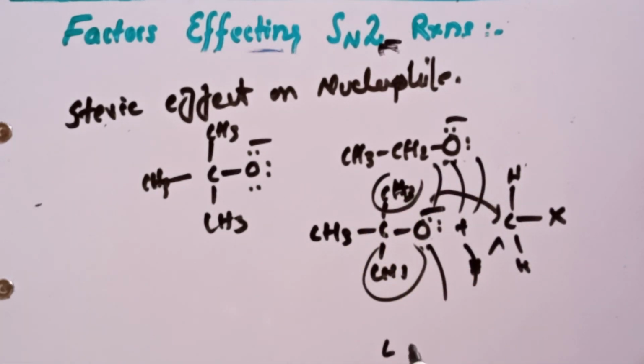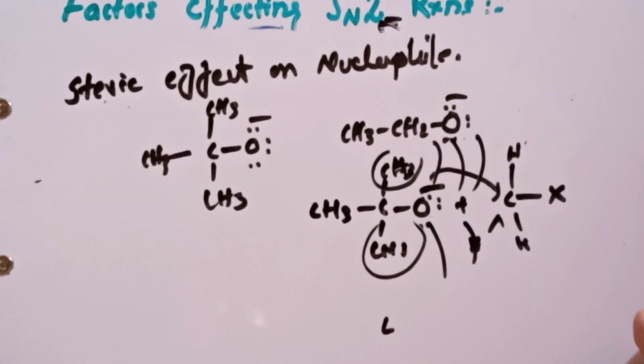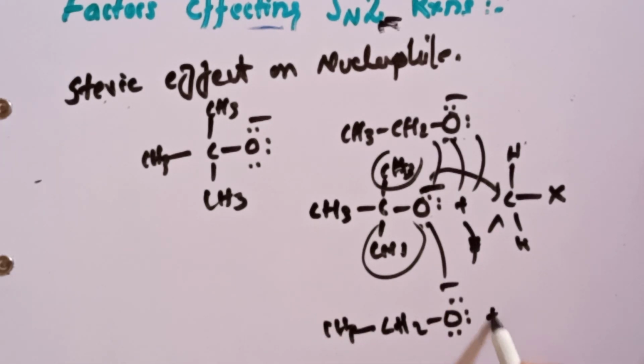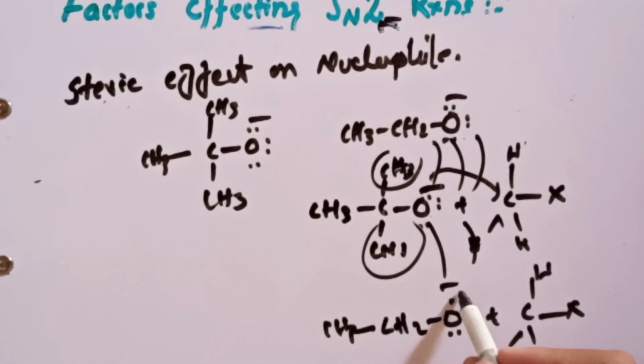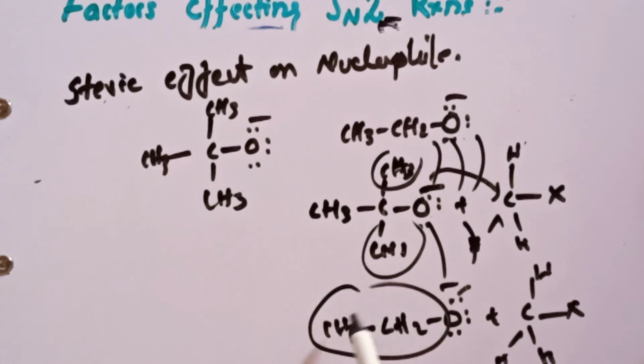While in case of ethoxide ion, CH3CH2O negative, there will be very little steric effect, because only one bulky group is present. But in tertiary butoxide, there are three bulky groups, so it will show more resistance. Here there will be no resistance, no repulsion, and no steric hindrance produced.